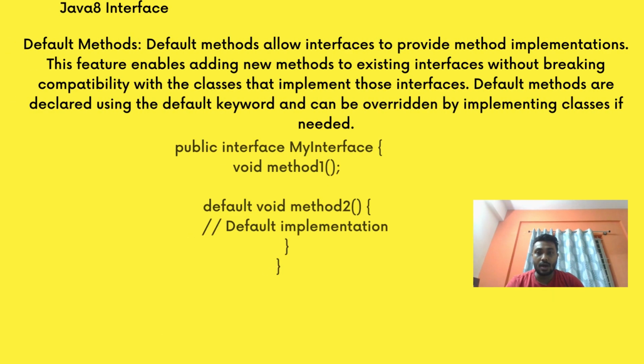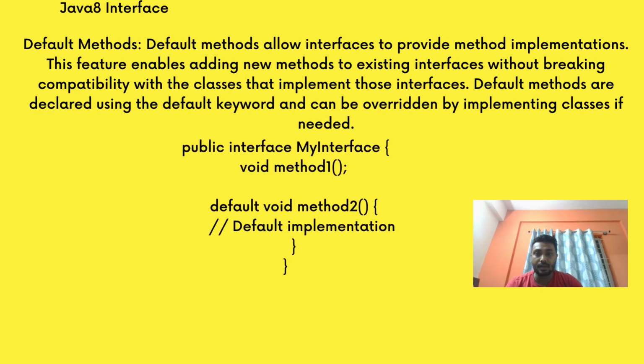So Java 8 brought new features like default methods, static methods, and method references. Let's discuss those one by one. New Java 8 functionality: default method. Basically, a default method allows an interface to provide a method implementation. This feature enables adding new methods to existing interfaces without breaking compatibility with the classes that implement those interfaces.